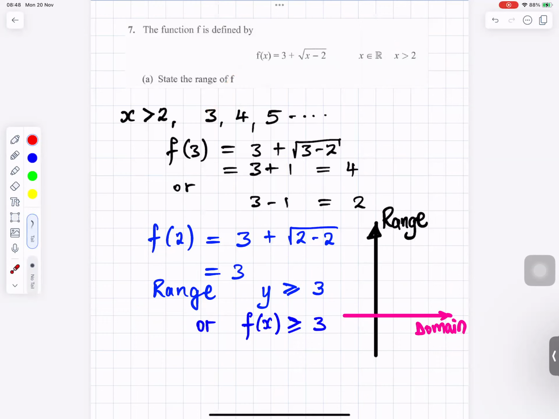If you take 3, the first one, and put it in, 3 minus 2 is 1, square root of 1 is 1, and 3 plus 1 is 4. Or if you use the minus part of the square root, it's 3 minus 1, which gives you 2. So the range will be f of x is greater than or equal to 3.